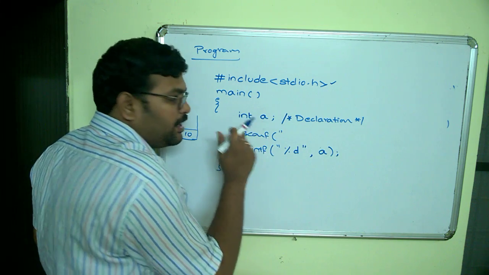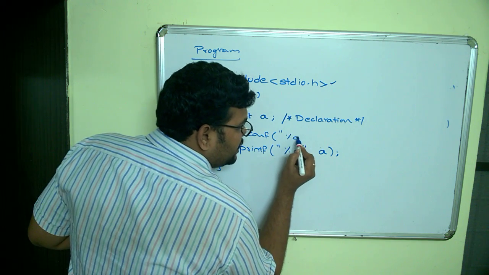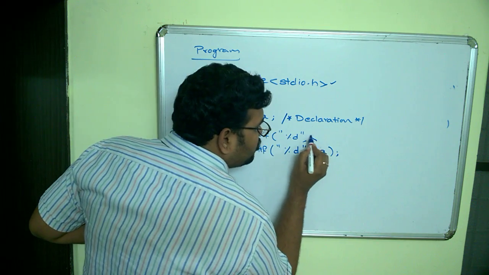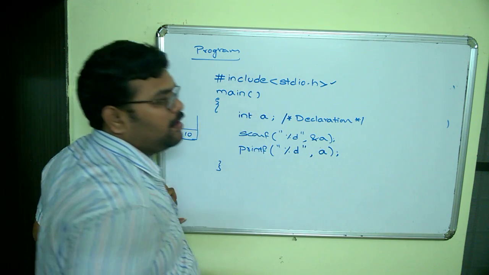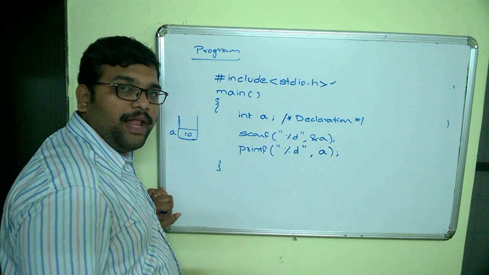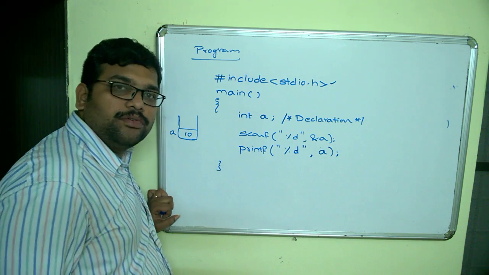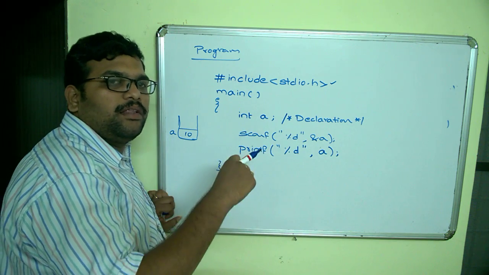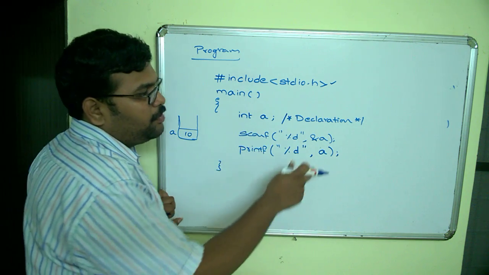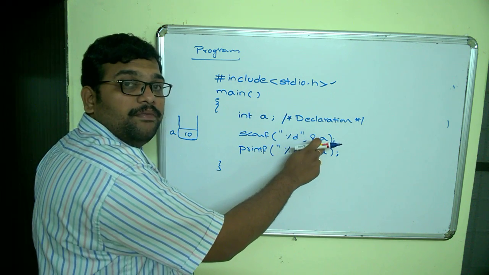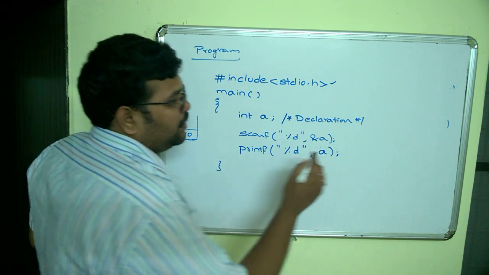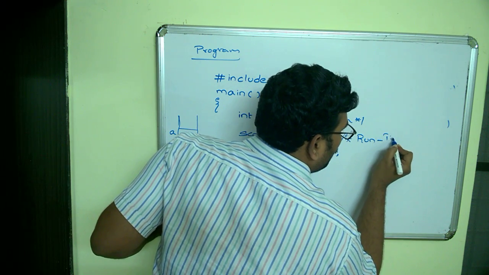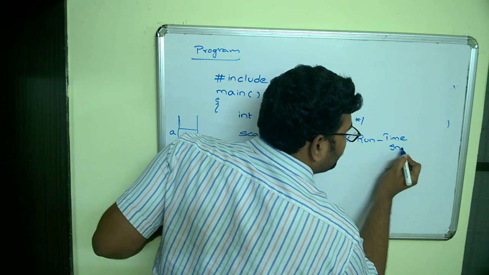So I have to use the %d control string, comma, and the address of a, in which I want to store the value. Close. So when we execute the program, the compiler will ask for the input to be entered for the variable a. So this is called runtime initialization.